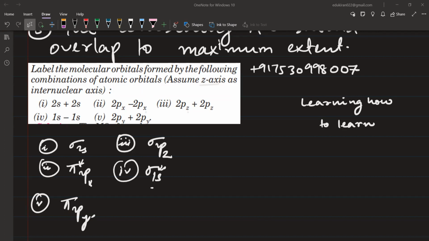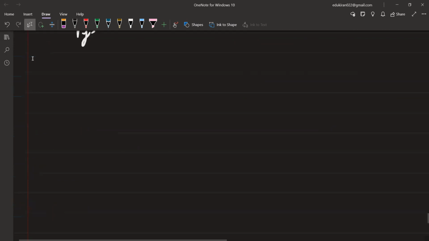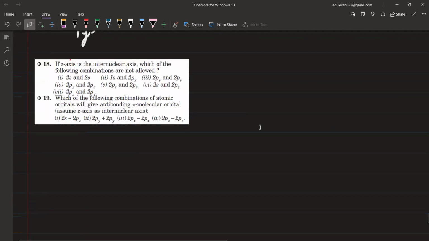Right, another question. Okay, please see here, guys. Don't write anything, please see here. They are saying, if Z axis is the internuclear axis, which of the following combinations are not allowed?